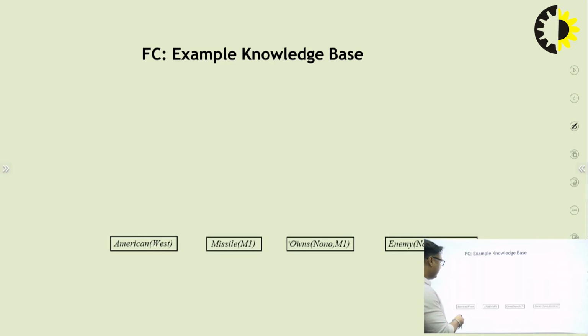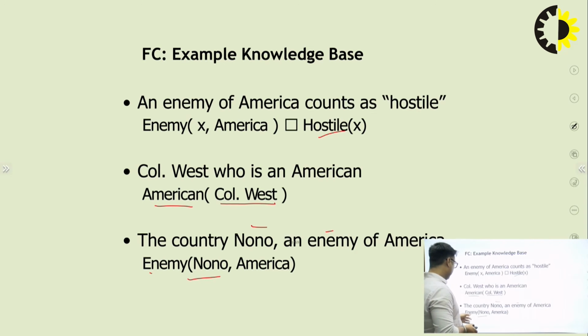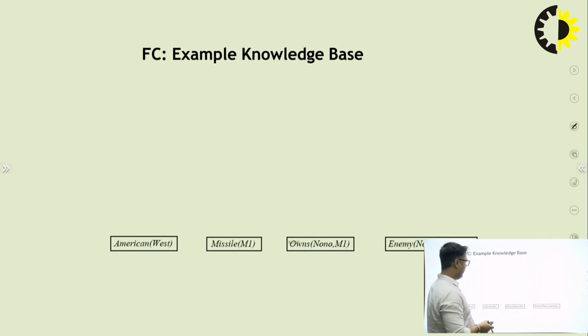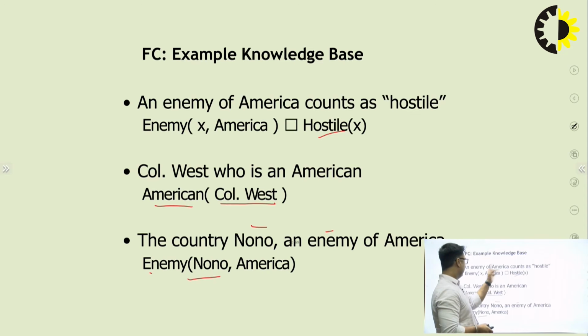These are the root nodes, and I have to check every right node, and if a right node is related to the root nodes, then put it on this tree. First, Enemy(Nono, America) has no right node, and American(West) has no right node, but for Enemy(Nono, America), Hostile(X) is the right node. The right node is Hostile(X), and it is a root node.